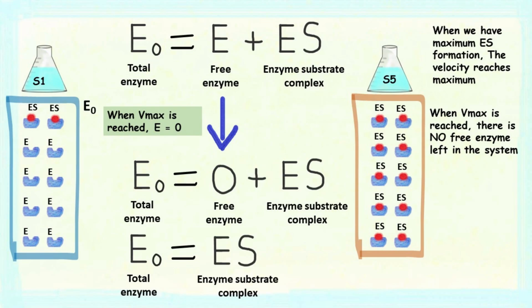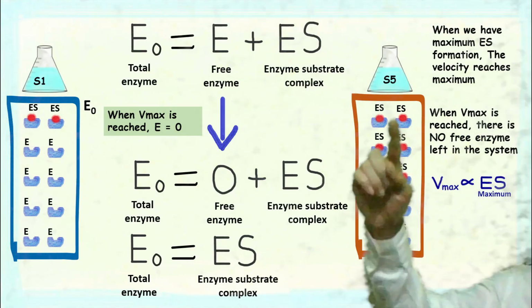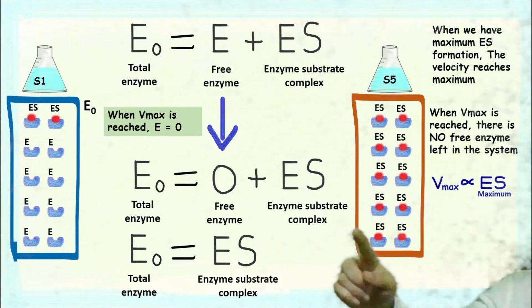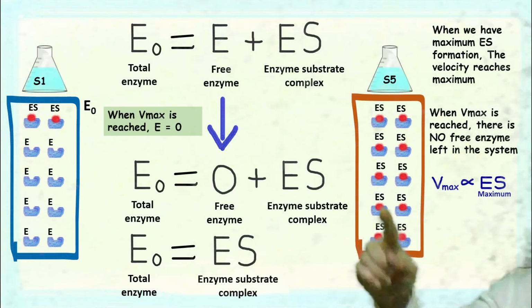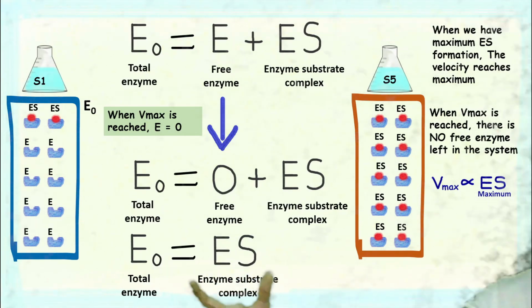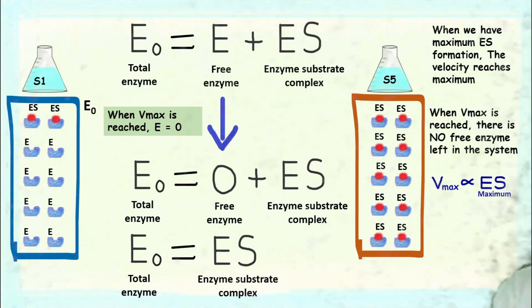Now if you can recall, previously we have seen this equation which says Vmax is directly proportional to ES maximum. And this ES maximum, the one that you see in here, is nothing but the total enzyme E0, because ES maximum is equal to E0.